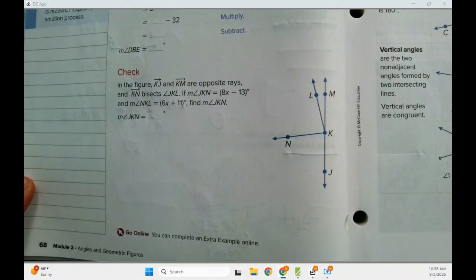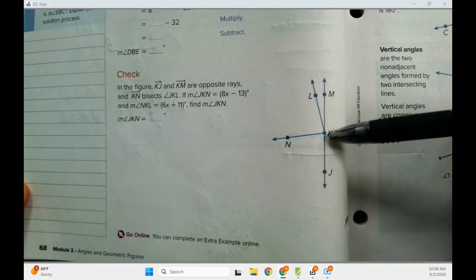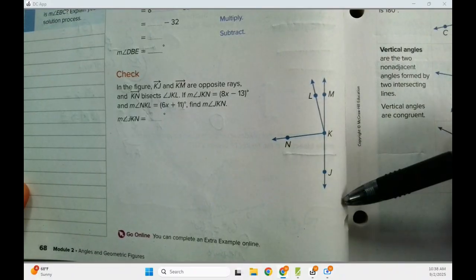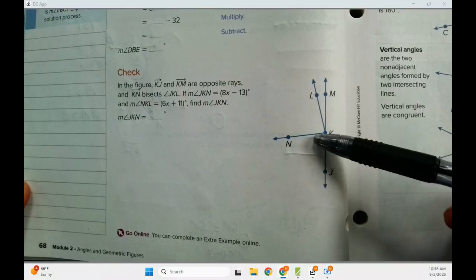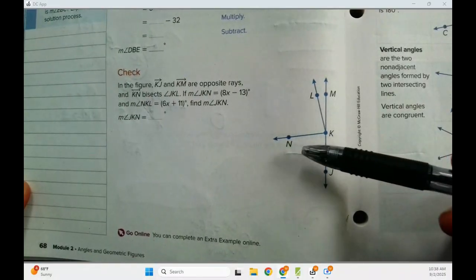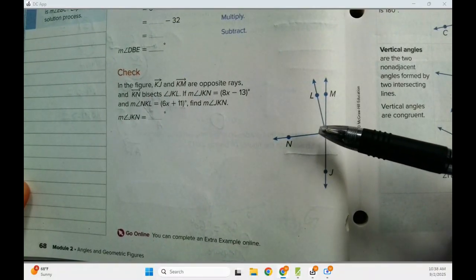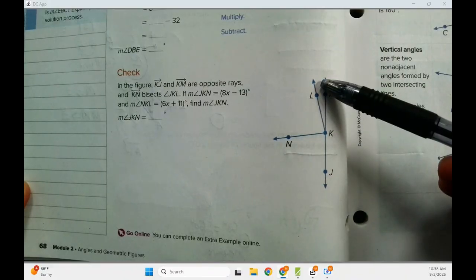It says in the figure, ray KM and ray KJ, they're opposite rays. That just means they go in opposite directions. And then it says KN bisects angle JKL.